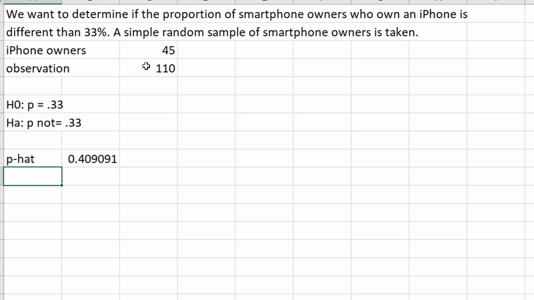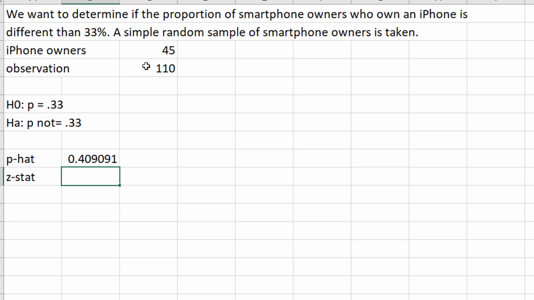Okay, so we're going to calculate our z statistic. We use the z statistic because we're going to approximate the sampling distribution of p hat using a normal distribution, which is what you do in an intro stats course.